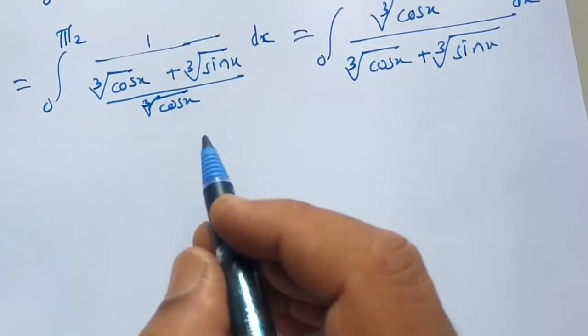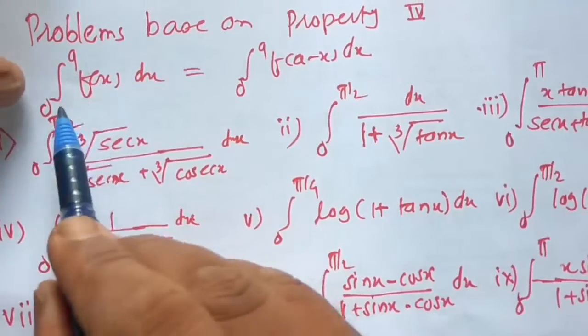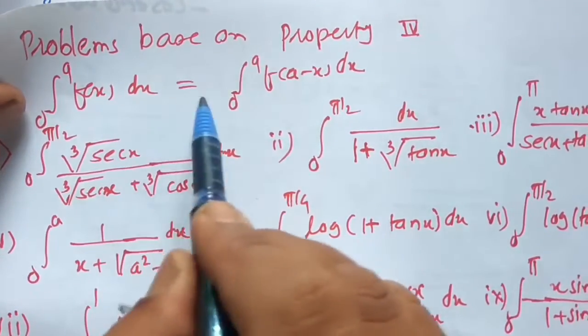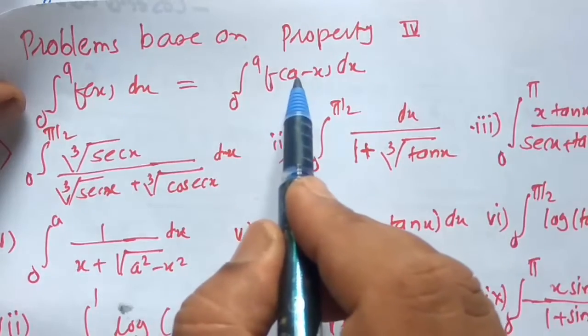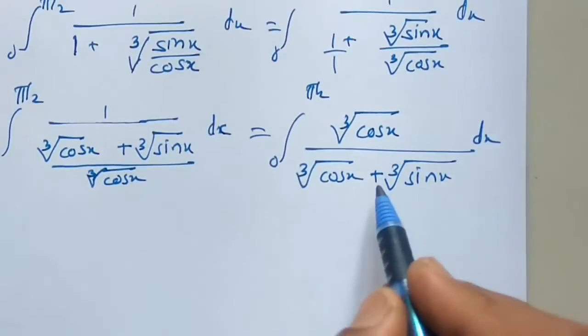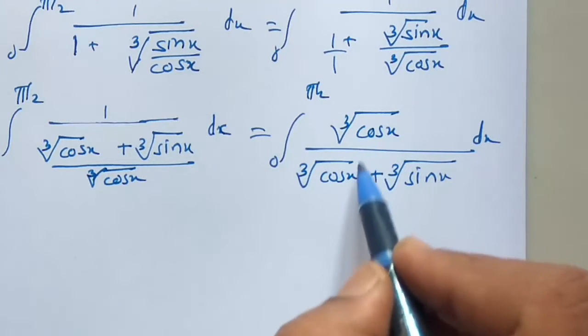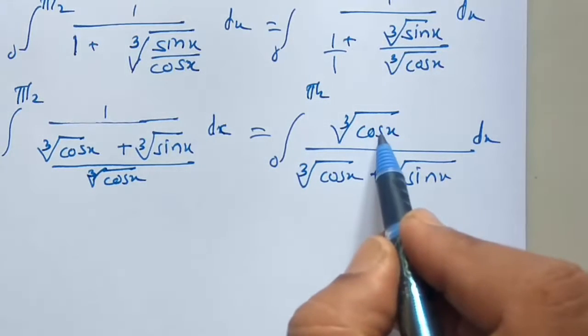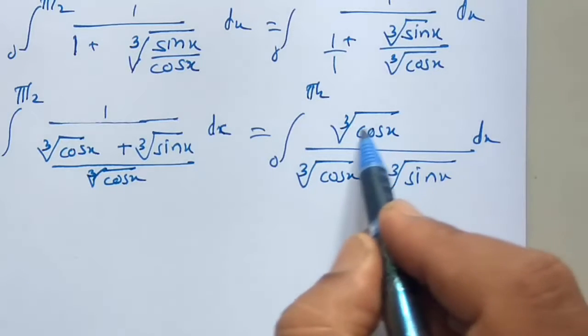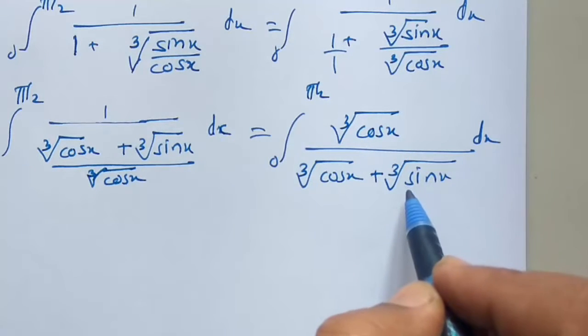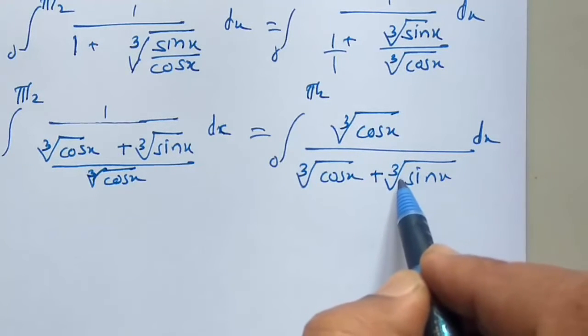Now we use property number 4: the integral from 0 to a of f of x dx is equal to the integral from 0 to a of f of a minus x dx. By using this, the denominator remains the same. The numerator becomes cube root of sin x instead of cube root of cos x.